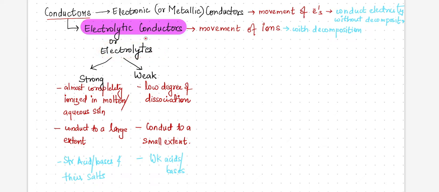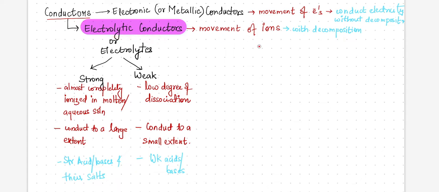So what are electrolytic conductors? Previously, electronic conductors involved the movement of electrons, but in electrolytic conductors we have the movement of ions happening. Basically, the electrolyte dissociates into ions, and these ions are then responsible for conduction in these conductors.